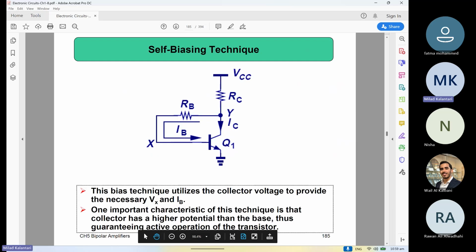There are other biasing circuits like this one.